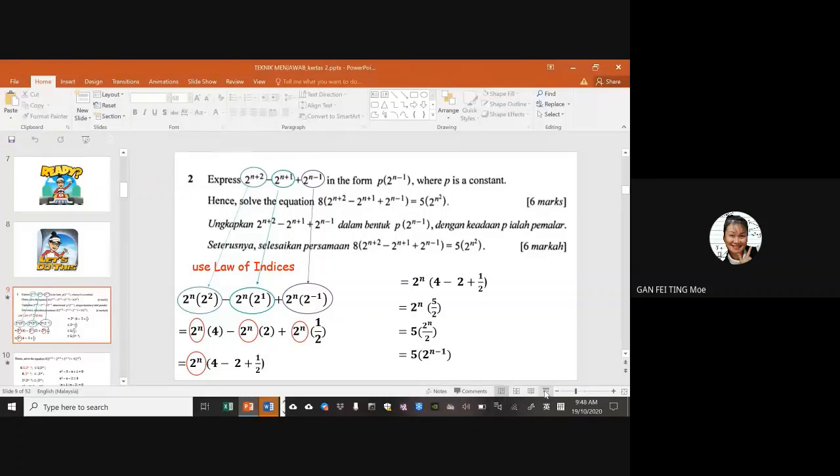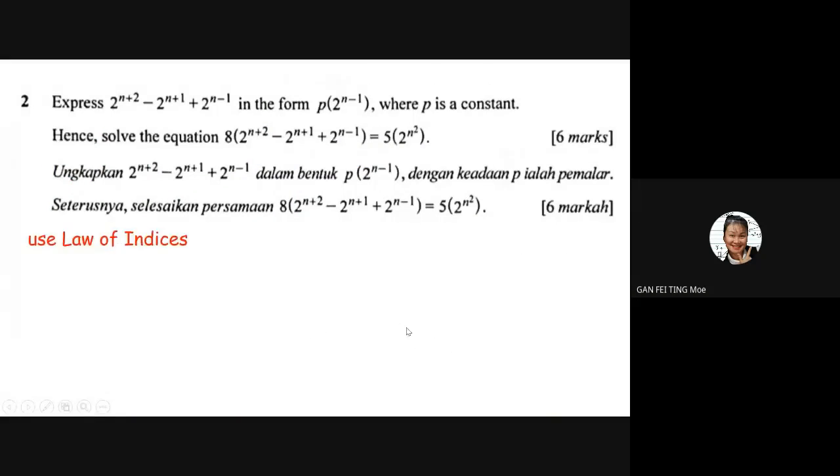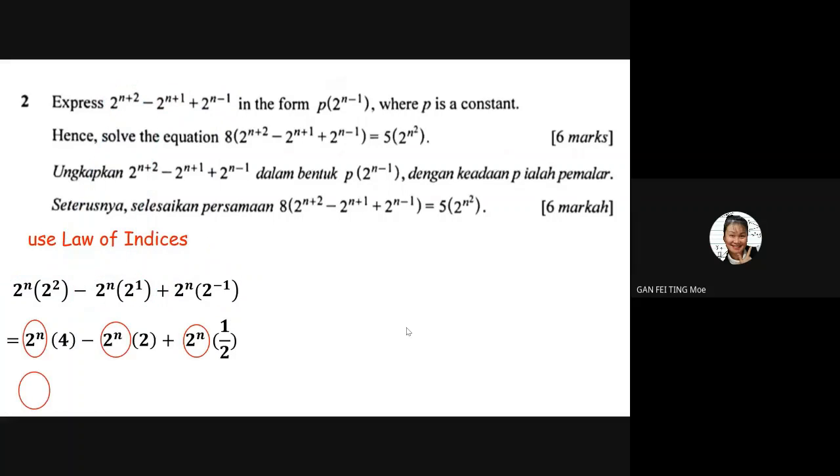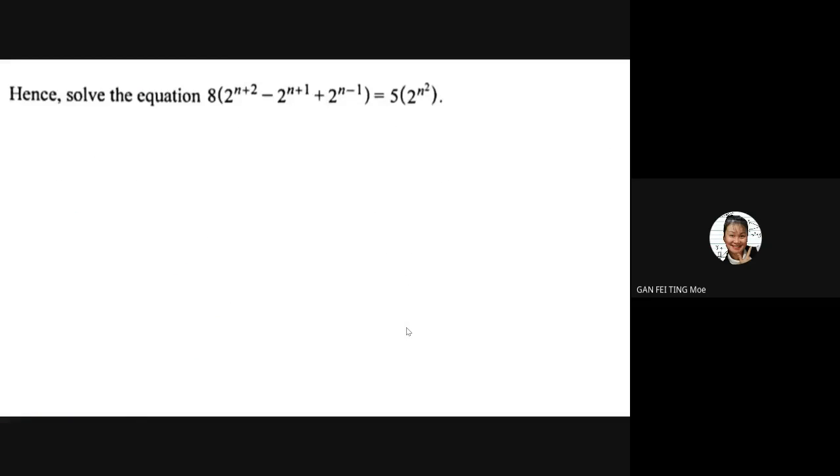Now I'm back to my work. This is the working for the first part. Then now we continue, then only you go to the second part. Hence, solve the equation of this. So how to solve? This is the part that you were looking for just now. From the question earlier, this is what we got just now.